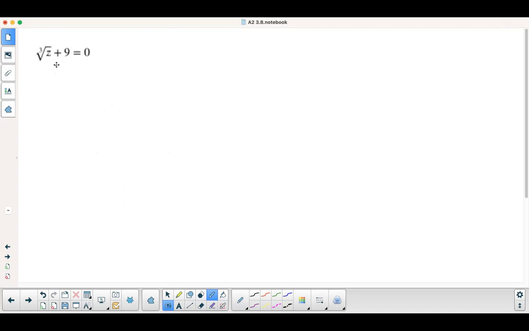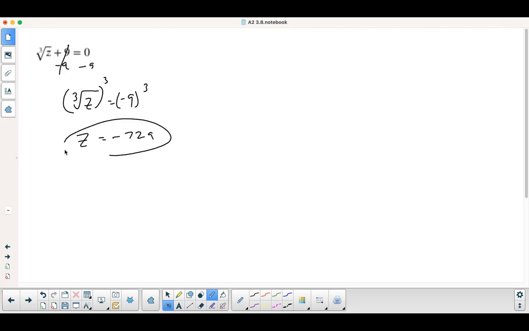All right, move the 9 over to the right. Cube both sides. Cube gets rid of the cubed root. Let's see here. -9 cubed is -729.